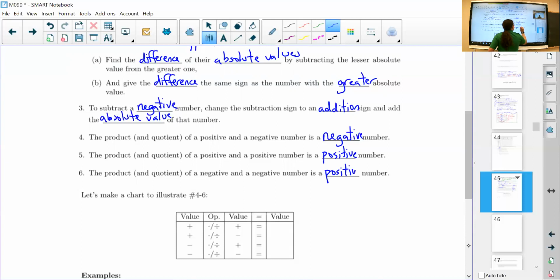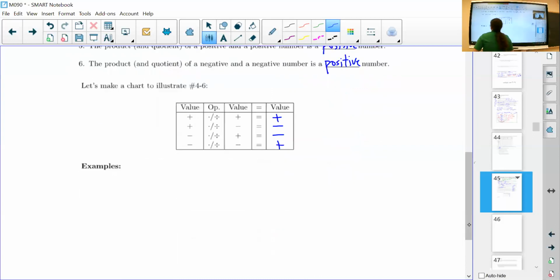And that's, again, because of the opposite of the opposite. If I flip around and then I flip back around, I'm right where I started. So two negatives multiplied together or divided make a positive. We can do that in chart form. We've got positive, negative, negative, positive. If they're the same, it's positive. If they're different, it's negative. Let's get some examples.